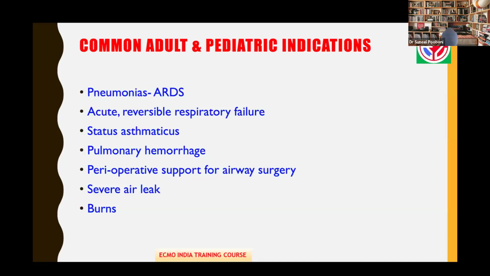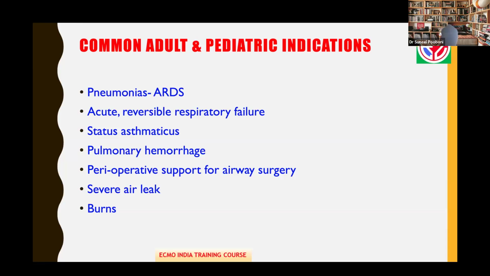Common adult and pediatric indications are the pneumonias, ARDS picture, acute reversible respiratory failure, and status asthmaticus, one of the very good indications, because once there is hypercarbia in asthma, it doesn't give us a lot of time. If it is difficult to control asthma, patients may not respond very well to the bronchodilators initiated.